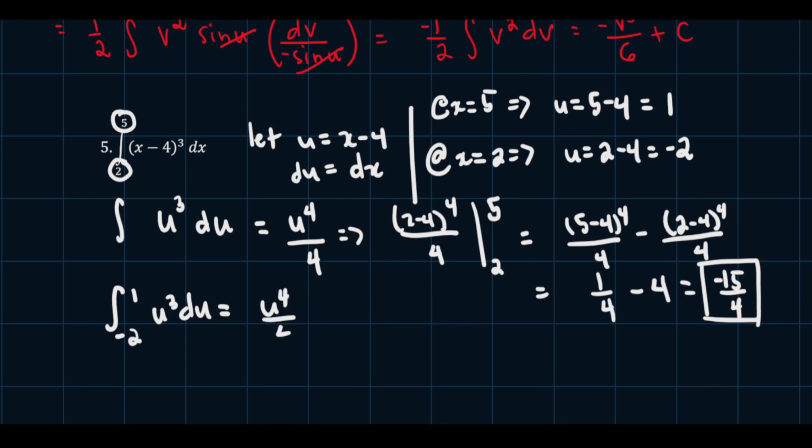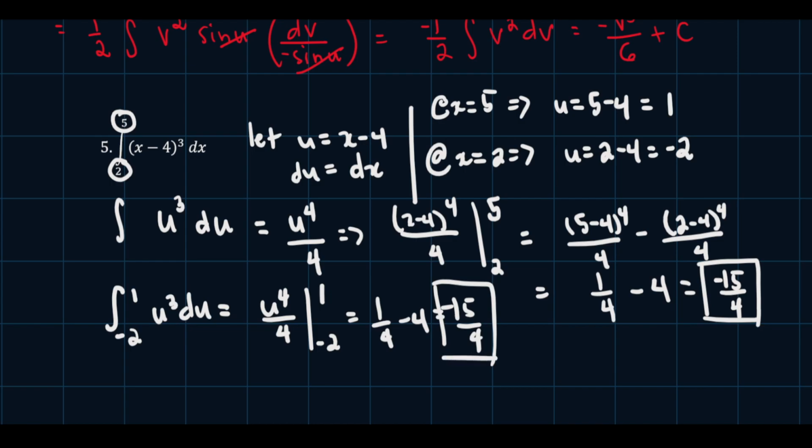So we have u to the fourth over 4 evaluated from -2 to 1, which gives us 1/4 minus 4, so still -15 over 4. So either way, of course, since this is the same definite integral, we should arrive at the same answer.